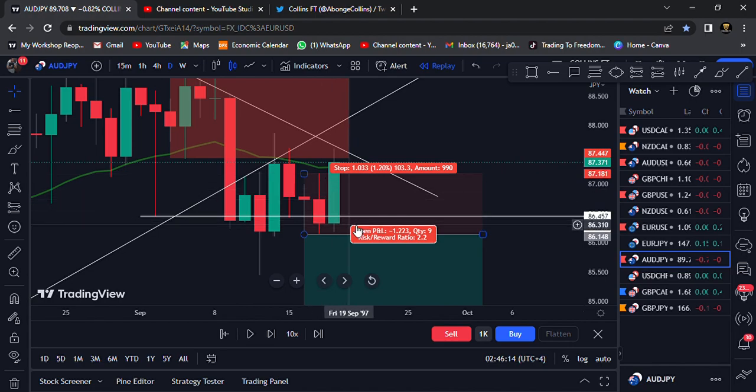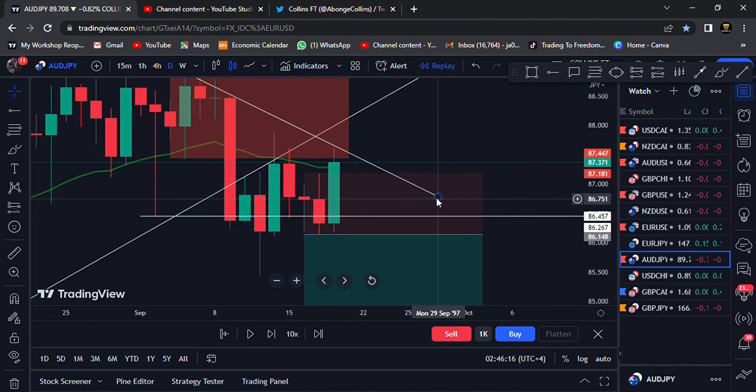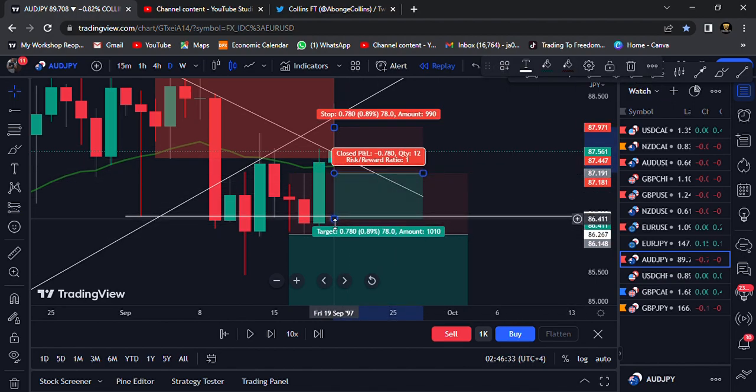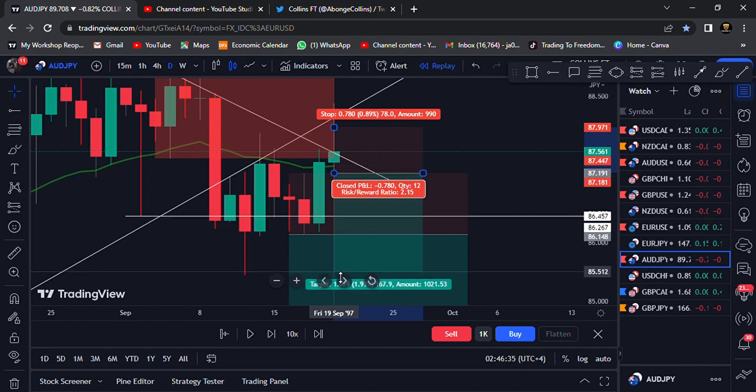So right now we are a little bit confused. We don't know what the market is trying to do. We just have to observe and see. So this is another sell signal the market is giving. This again is another sell signal. We're still gonna take that risk.